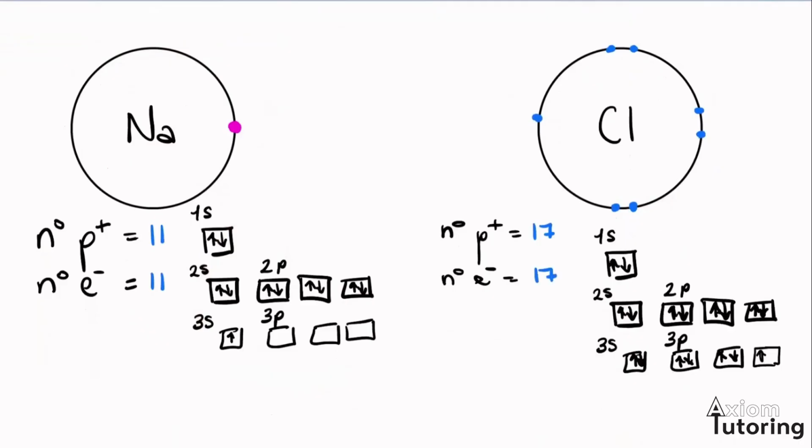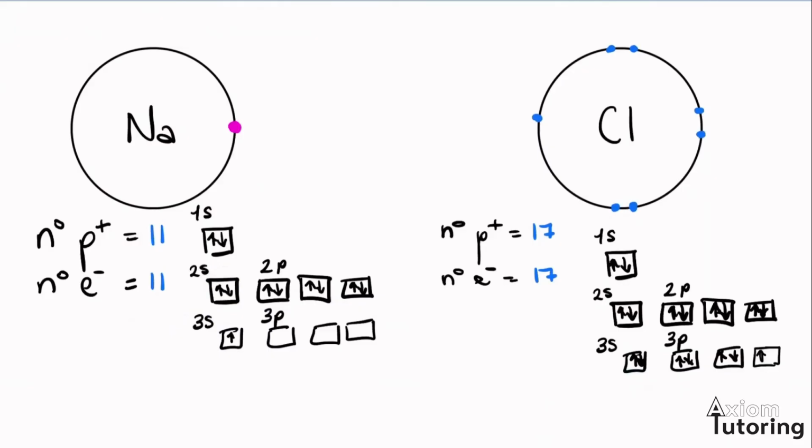And as you can see, in their outermost shell, sodium has only one electron present, while chlorine has 7 electrons. And as we saw in the last video, atoms are the most content when their outer shell is fully filled and every single orbital has 2 electrons present.